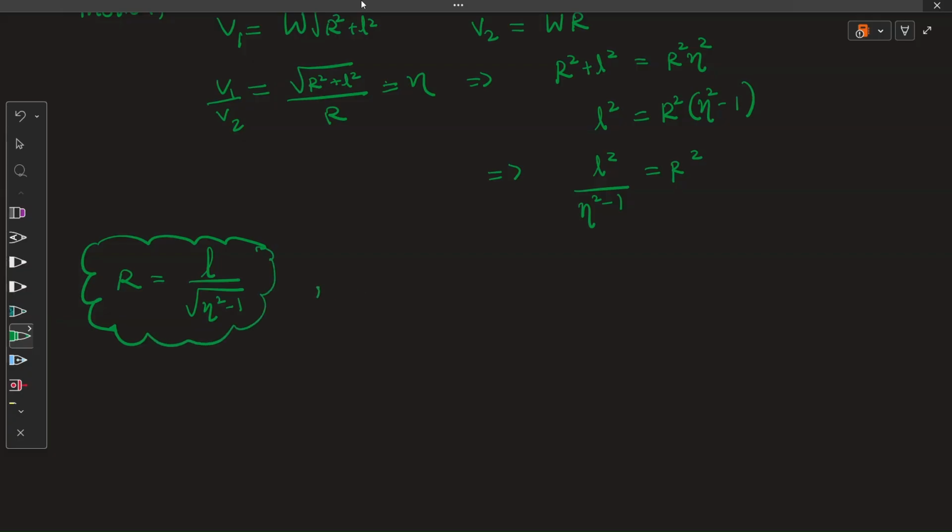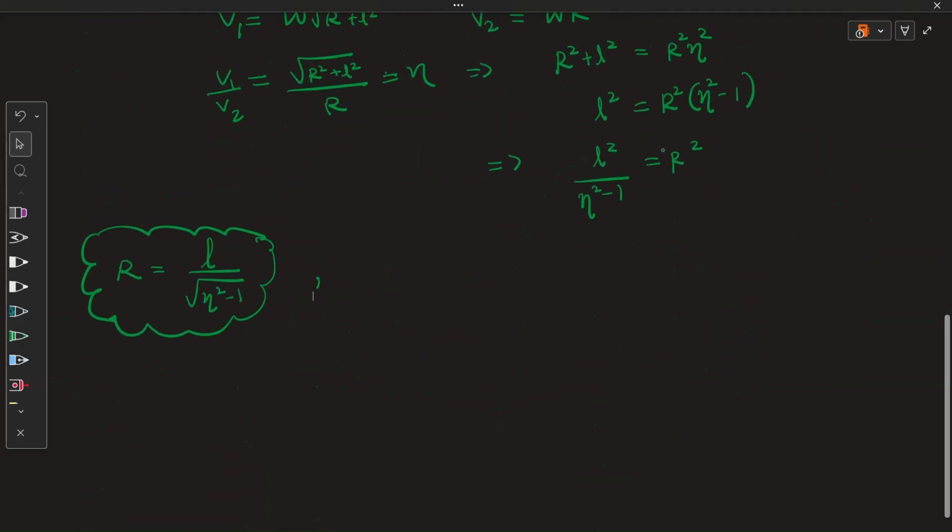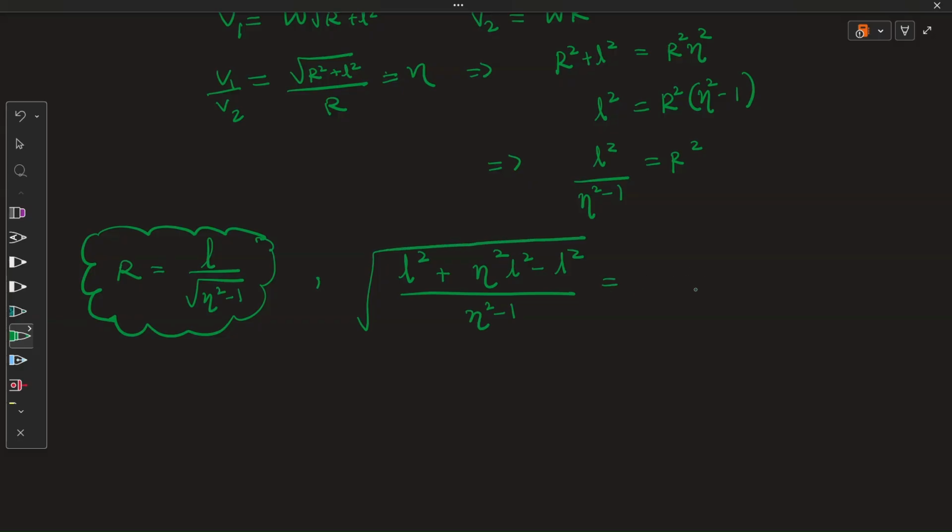And this is the radius for the rear wheel. What about the front wheel? Under root R square plus L square. So just write it: plus L square, where this term gets multiplied with L square again. So eta square L square minus L square, whole divided by eta square minus 1, whole under root is what we want.